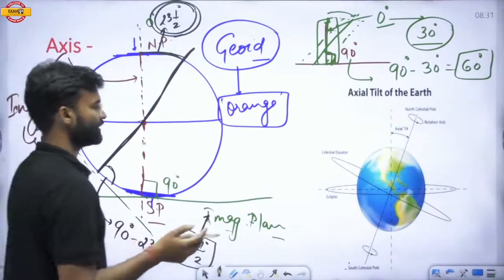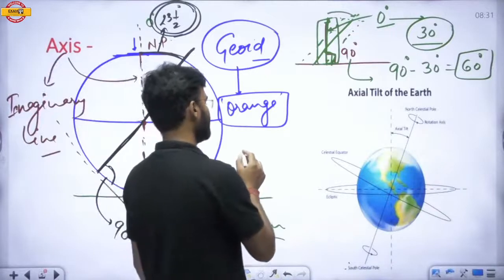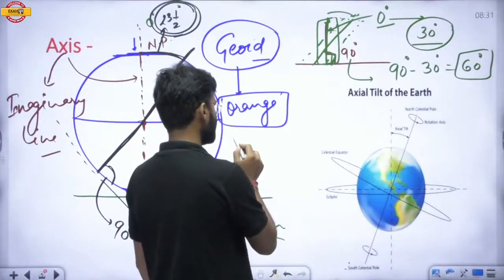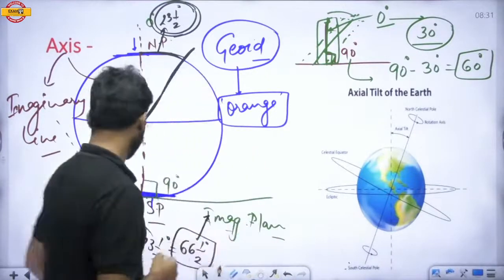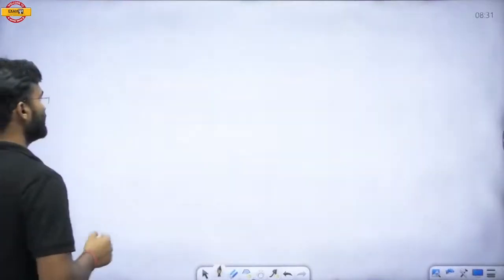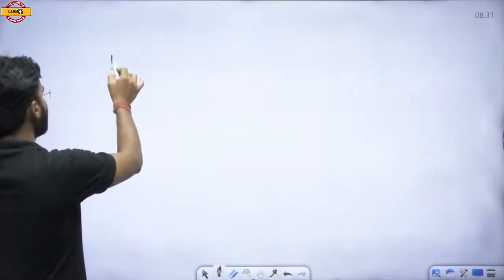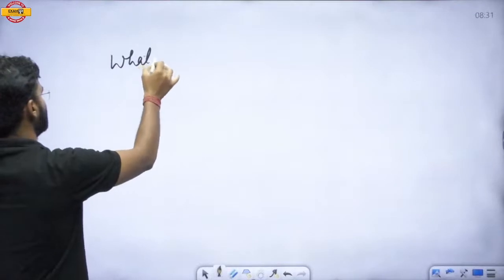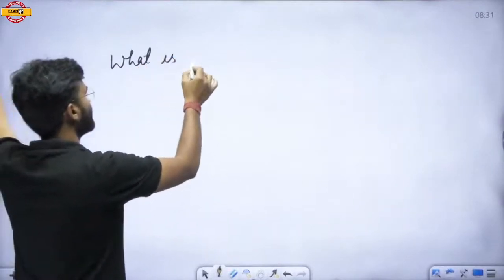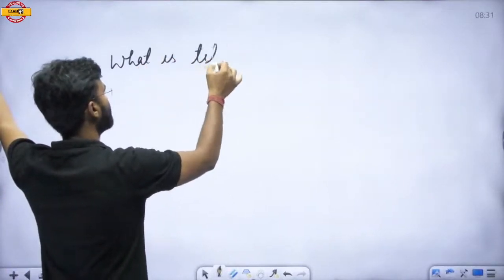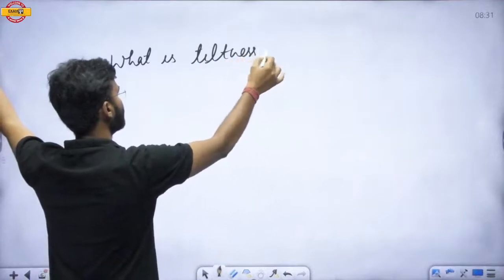So Earth is tilted. Which type of language should you know about? If any question is asked to you, such as: What is the tiltness of the Earth?